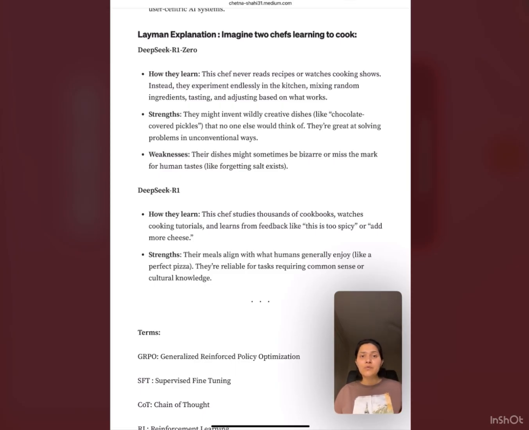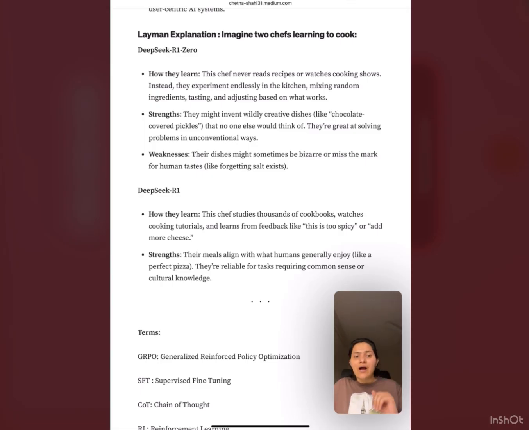The good part with this approach is that this guy might end up creating something completely unconventional and out of the world. The bad part is that it can be completely bizarre sometimes. If they do not know human tastes, they can completely forget to add salt altogether. So this was DeepSeek-R1-Zero for you.